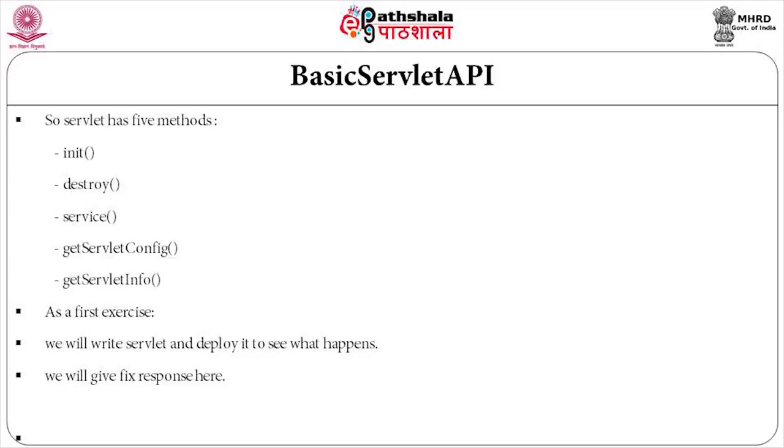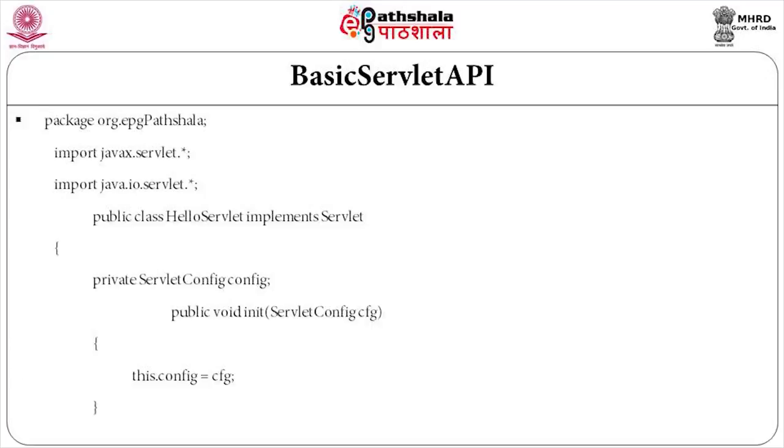So, let us see how we write our first servlet object. Let us write an implementation here. Let us begin by writing a class. You can have your own package declaration.